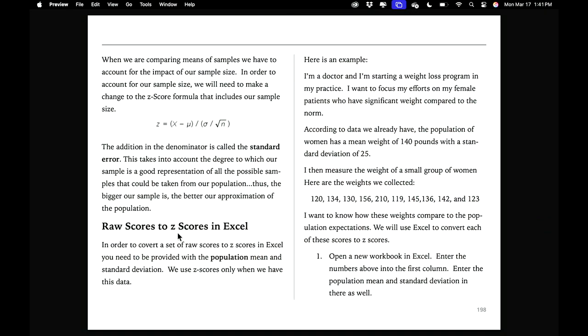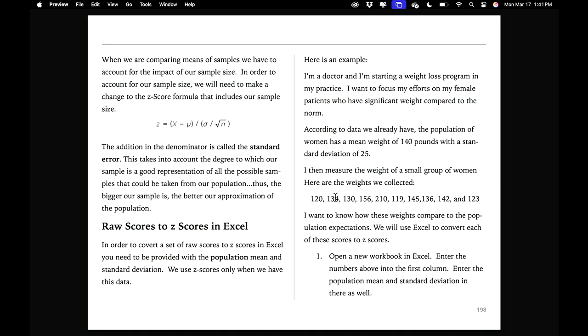So in order to do this transformation, we have to know the population mean and standard deviation. So that's going to be, now I get into here, I'll show you some, I'll just go through the course book here because it's that detailed. So you have raw scores to Z scores in Excel.